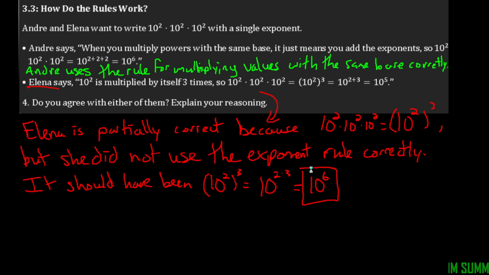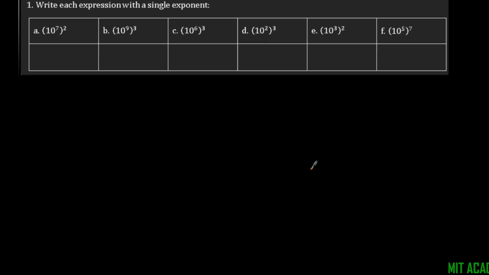All right, so now moving to the bottom, trying to do a little bit of practice here. It says, write each expression with a single exponent. So again, make sure you're remembering we have our base in parentheses, and we have our exponent, as a reminder. I'll do this first one, and I want you to do the others.